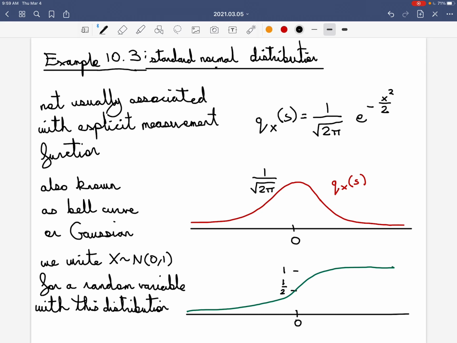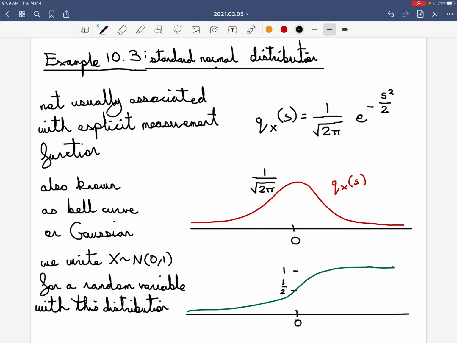So you can see the density I have, q of x, is written on the upper right here. The density is 1 over the square root of 2 pi times e to the minus x squared over 2. And 1 over the square root of 2 pi is a normalization factor which ensures the integral of the density over the whole of the real line is 1.